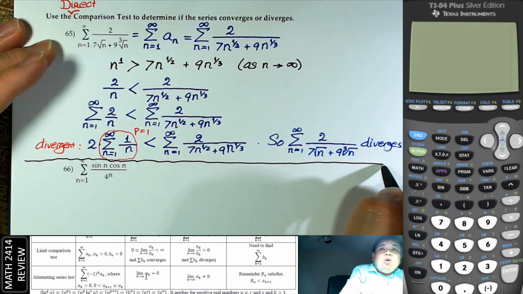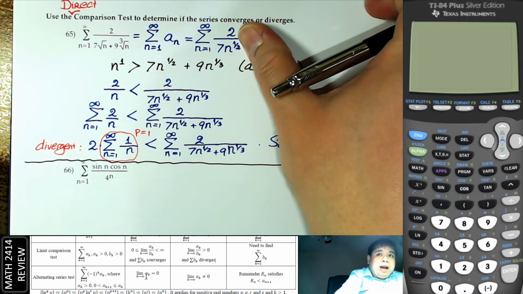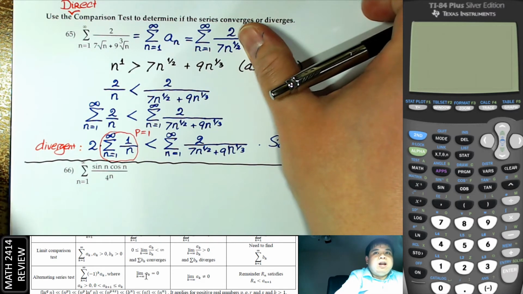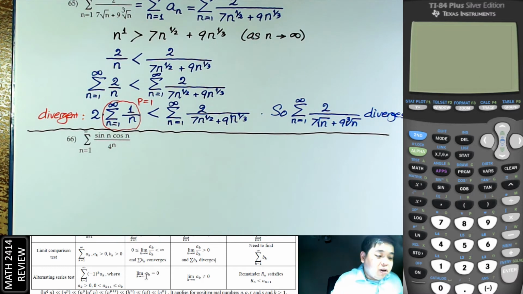So we kind of know the answer already. We kind of know that it's going to be divergent by comparing to this. And then we're just going to write the proof using the direct comparison test. It's kind of backward, but that's the question asked. I'm not very picky on that on the test.